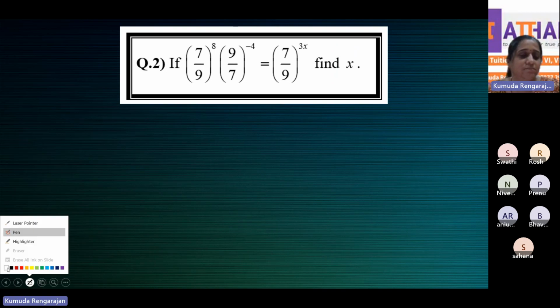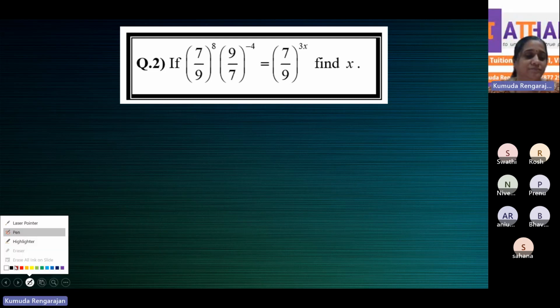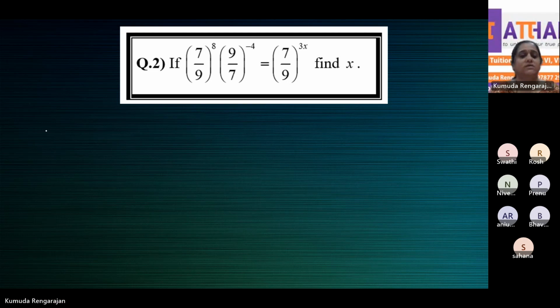So children, before we do this, I have to help you recall two things of exponents from 8th standard. Now, consider 7 by 9 or 7 by 11, the whole power minus 3.